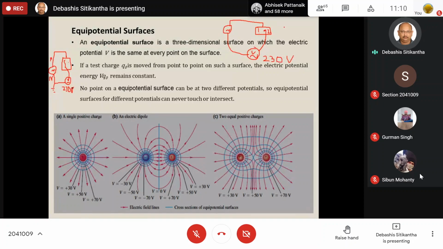So if I have a homogeneous conductor like this, of some dimension, not a very big dimension, maybe 1 meter by 1 meter, obviously wherever I touch the other terminal of the voltmeter, the reading is going to be the same.